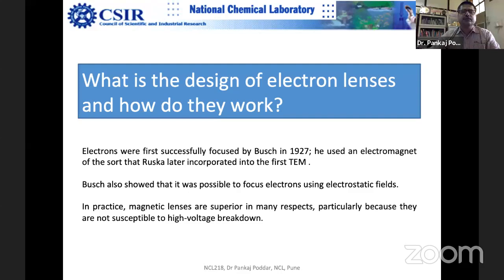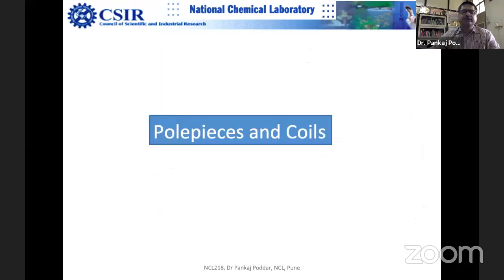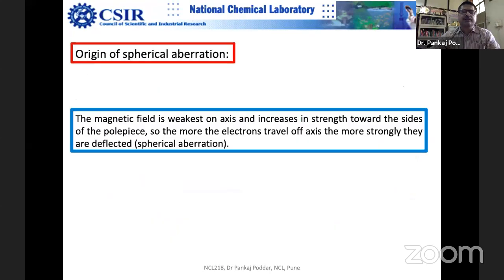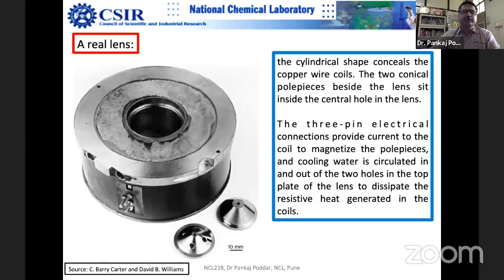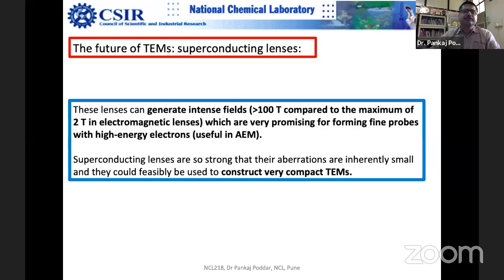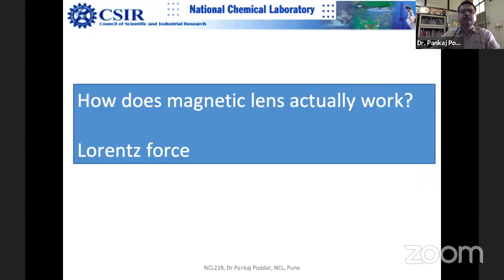Basically, it is to control the aberration. And initially, the design was quite imperfect. We discussed lens design a little bit, also the pole pieces. Also we discussed about the future of superconducting lenses, how the superconducting lenses are going to change the way we do electron microscopy.